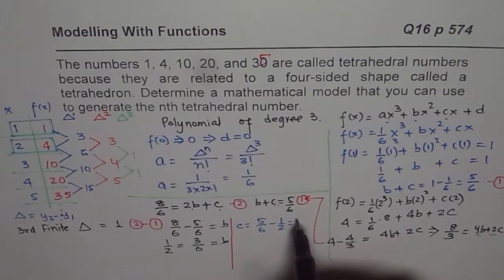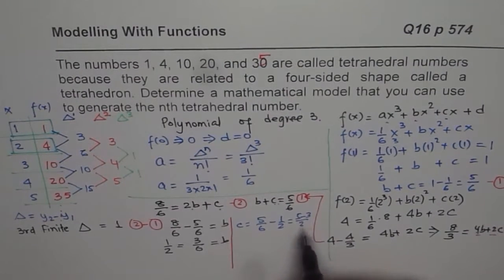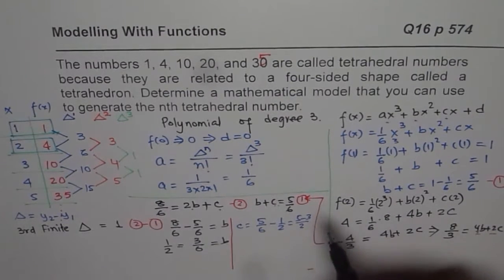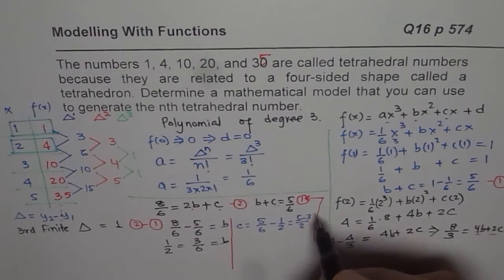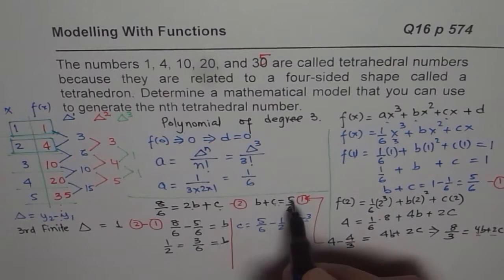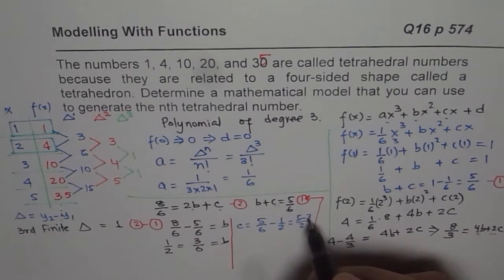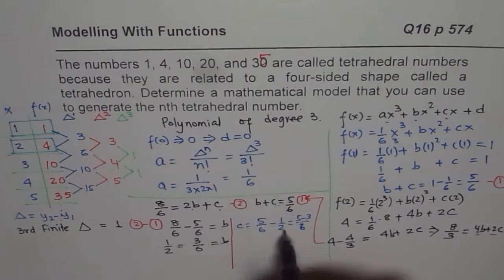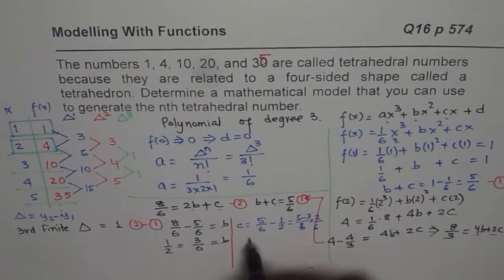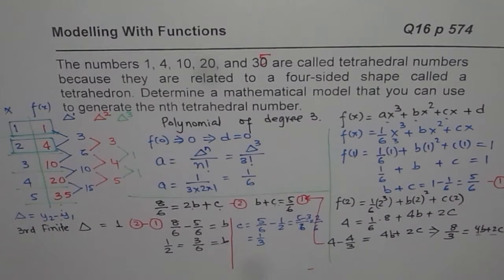So that is 5 minus 3, the denominator is 6. 5 minus 3 is 2, so we get 2 over 6, or c is equals to 1 over 3, correct? So we get the value of c also.